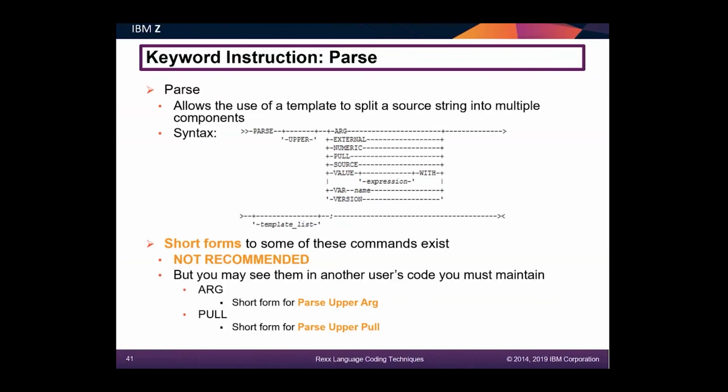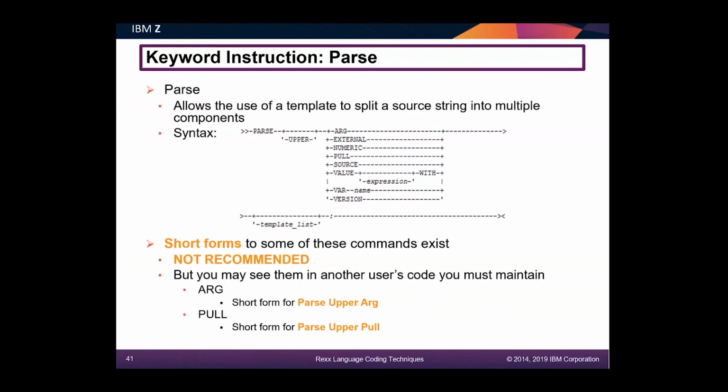The first thing I want to say about parse, though, is what not to do. But I caution you about this because you might be maintaining somebody else's Rexx program and they did not follow this advice, and they use these short forms for parse. So parse has an option to say, take the data and put it into uppercase. Say parse upper, and then whatever data I'm parsing.